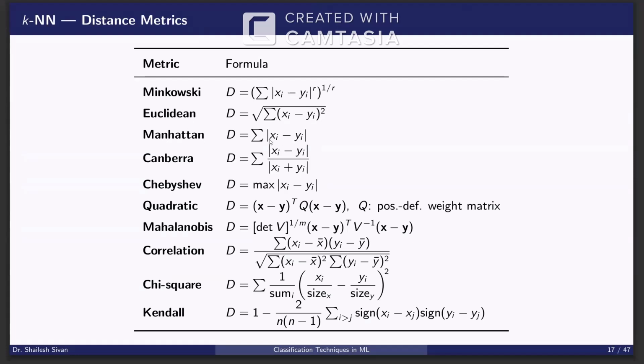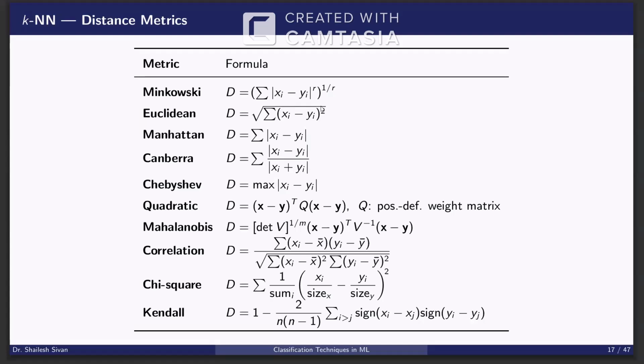Manhattan distance, where we simply take the absolute value. Then Canberra distance, mod x minus y by x plus y. And Minkowski distance is a generalization of Euclidean and Manhattan.